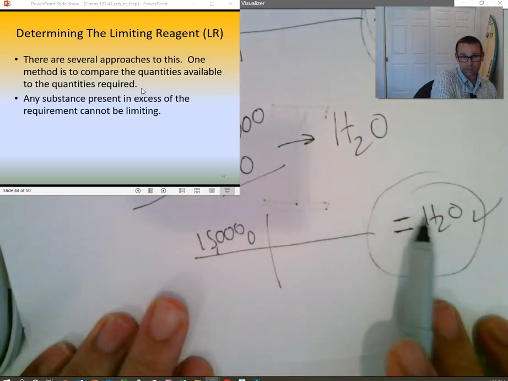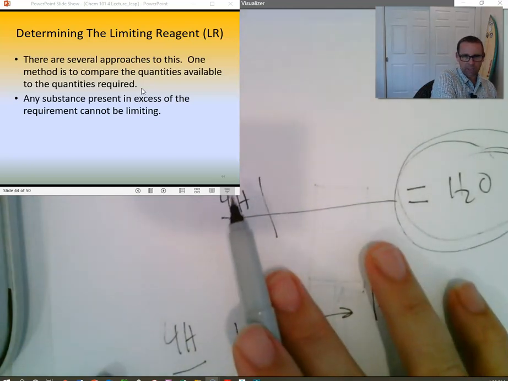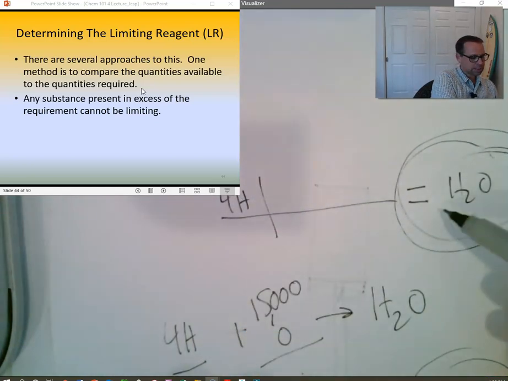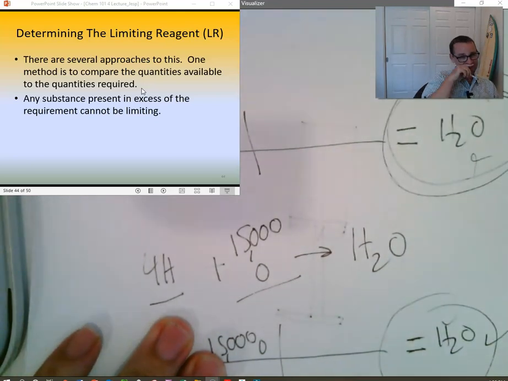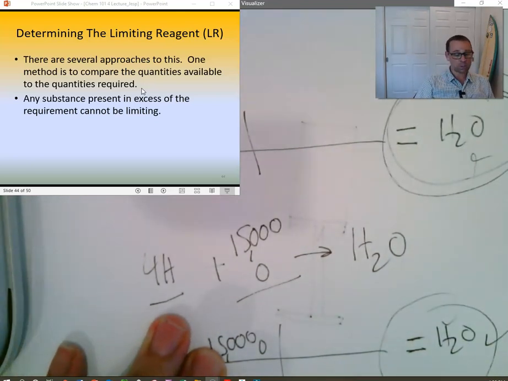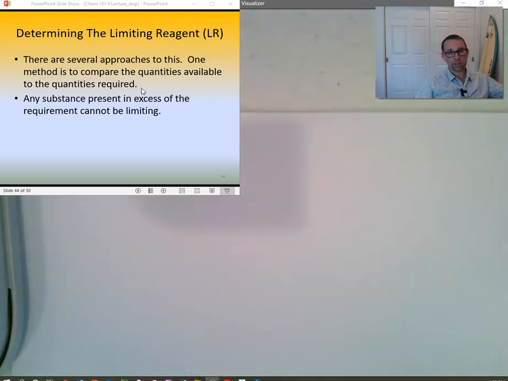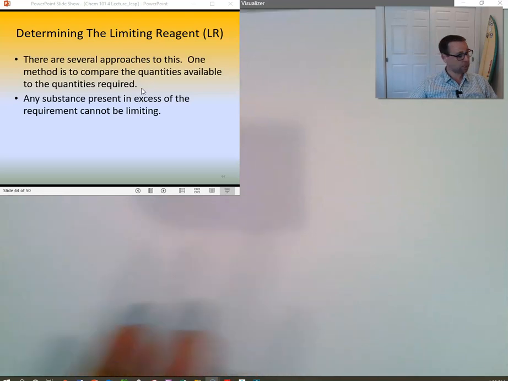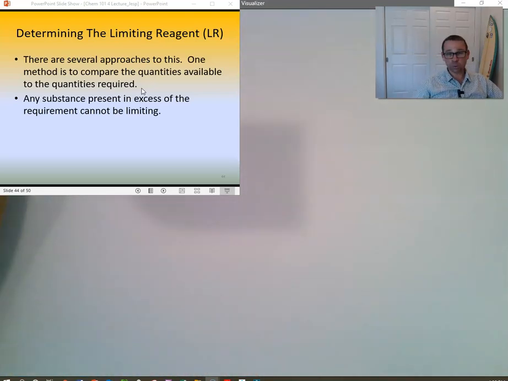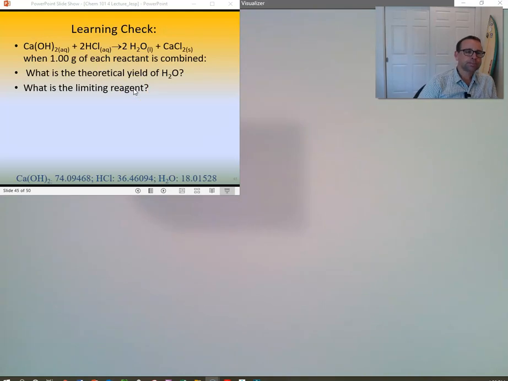But we won't have plenty of hydrogens, will we? So in a limiting reagent problem, we can set up 2 of these answers, and the lesser one, the one that has the smaller amount, will be the actual amount that we can get. Okay? And we call that the theoretical amount. Theoretically, you should be able to get this much amount. Okay? So let's look at this question.